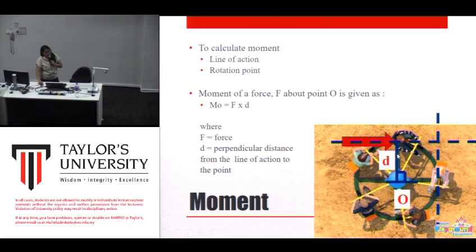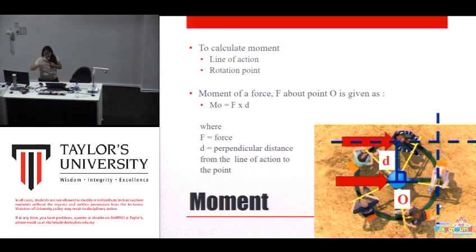Then it is at a certain distance away from the point of rotation, so this force will create a moment. Whereas if you look at F2, this force acts directly on the point of rotation, or along the same line as the point of rotation. So there is no distance between this force and the point of rotation.